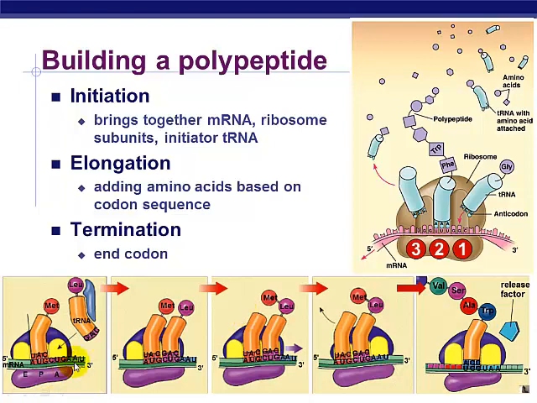Let's take a look at this picture. What do you think this smaller subunit is? RNA. Good. What is this green line right here? mRNA. What is this UAC right here? It's a start codon. Isn't it the end?